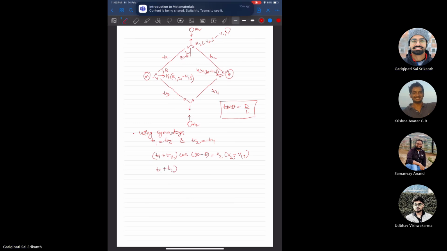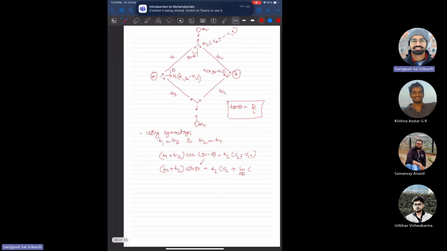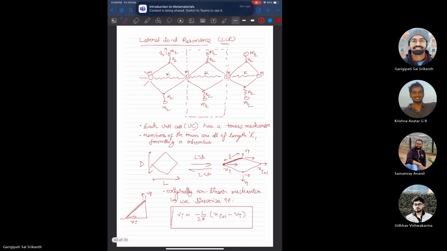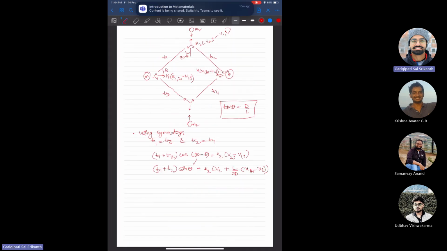T1 plus T2 into sine theta is equal to K2 into V2 minus L by 2D into u of i plus 1 minus u of i. Yeah, makes sense.